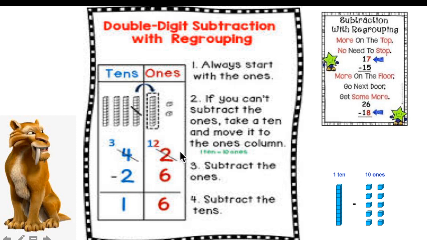Again, like in this example, see, you have here more on the floor. So go next door and get some more. You will take 1 ten and move it to the ones place and you will have more. So let's do the poem again.